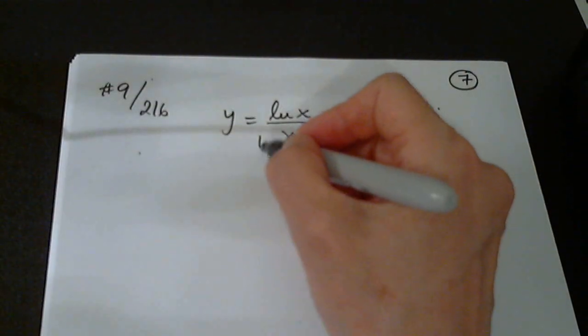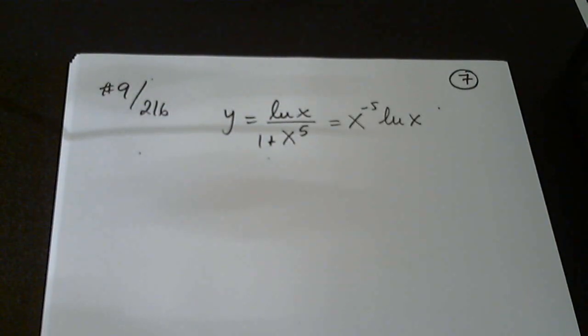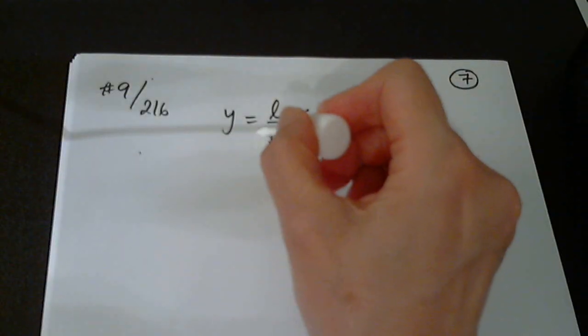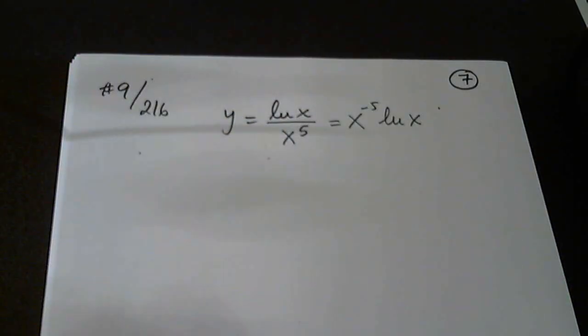Now, if I had something like this, I could have not done that. But I don't. I have one term in the denominator. You can say why. I think it will be easier to differentiate it as a product than as a quotient. So if you can, why not?